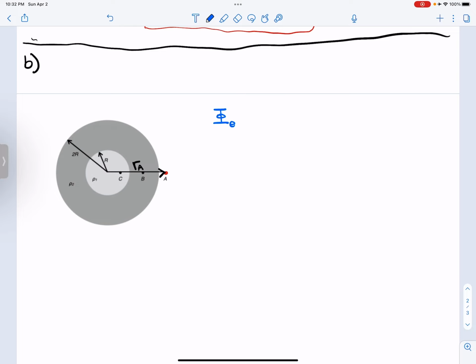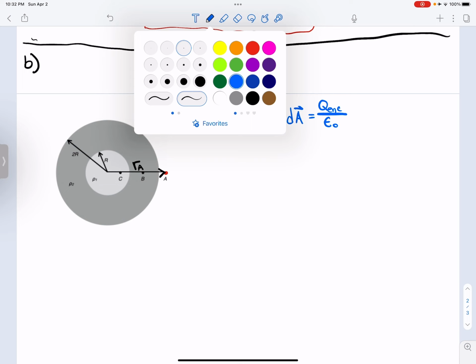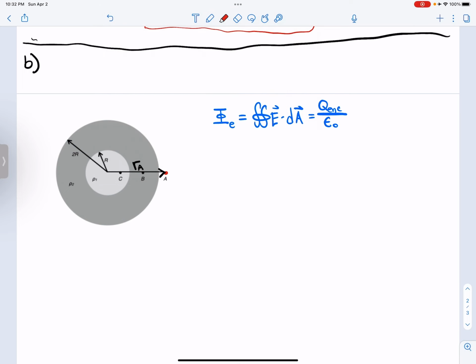So electric flux is equal to the surface area integral of electric field times dA, which is also equal to charge enclosed divided by epsilon naught, which is a constant. I'm basically going to use this formula to solve for the electric field at point A.